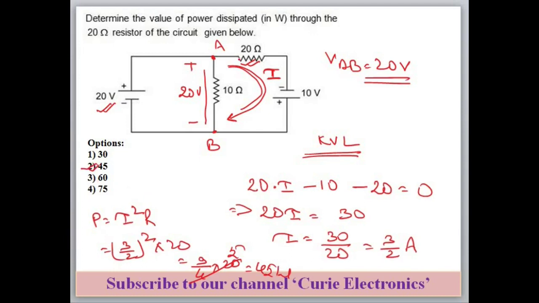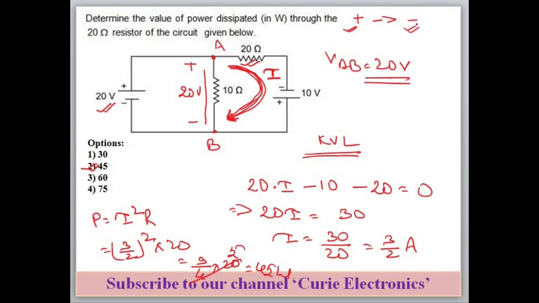See, while using KVL, you have to imagine any current direction. Suppose I have taken this as the positive direction. Current will always flow from higher potential to lower potential.